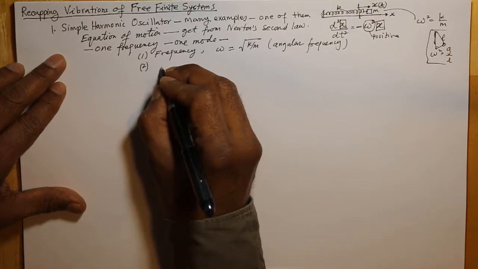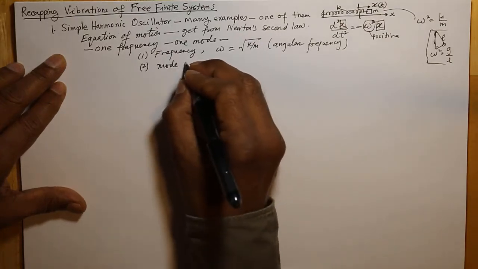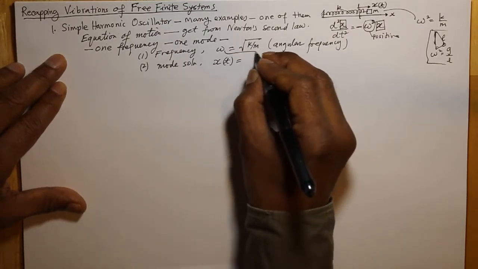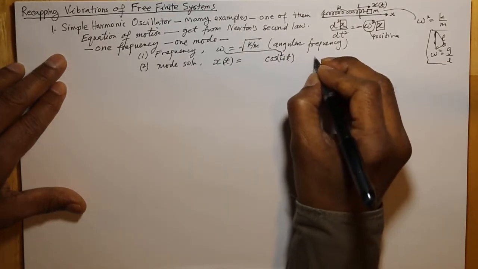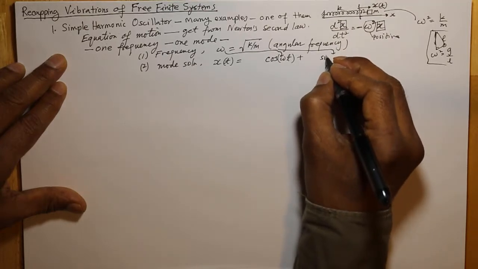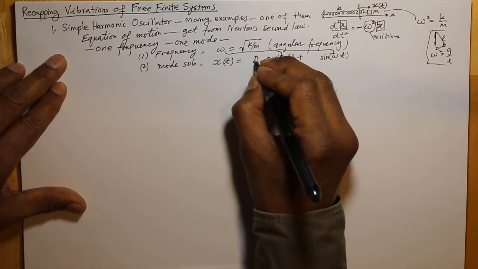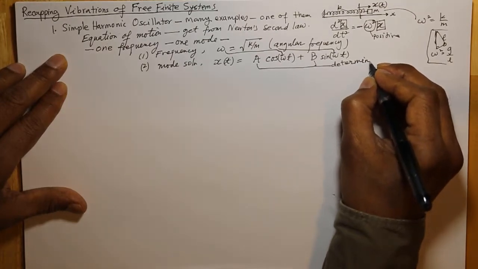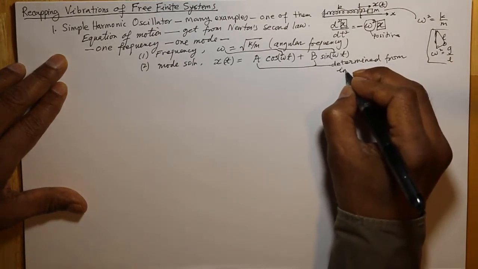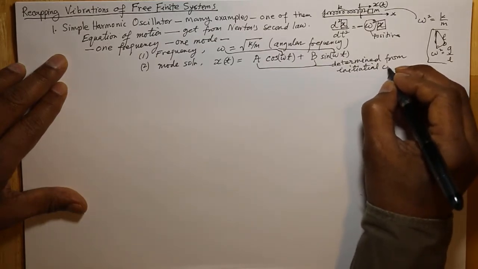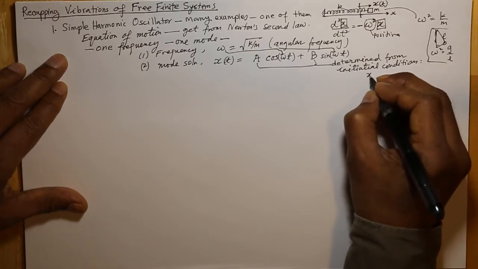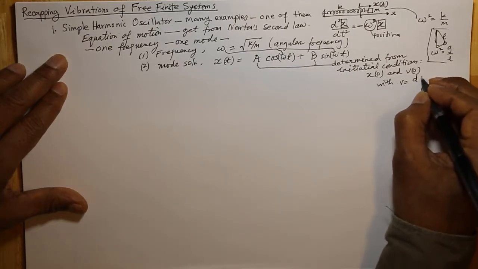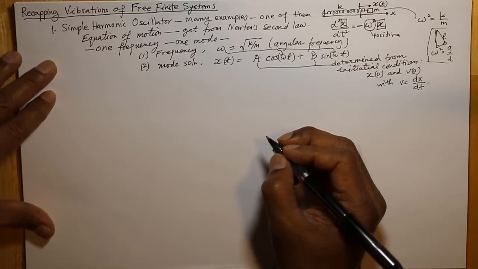And the mode solution is x of t made up of cosine of this oscillation, and the same with sine, and there are some unknown constants which are determined by initial conditions, which are x of 0 and v of 0, with v being dx/dt. Okay, so this is a simple harmonic oscillator.